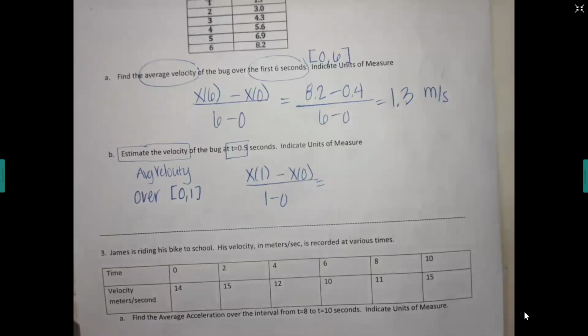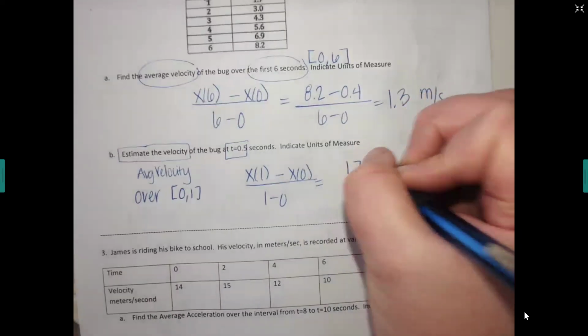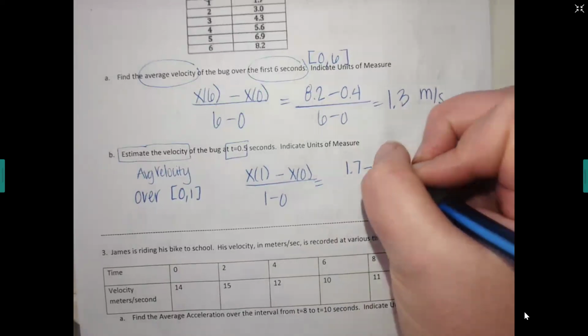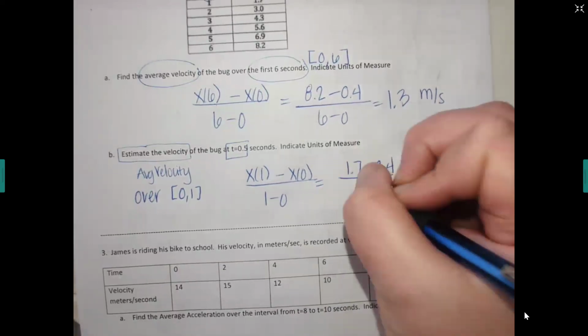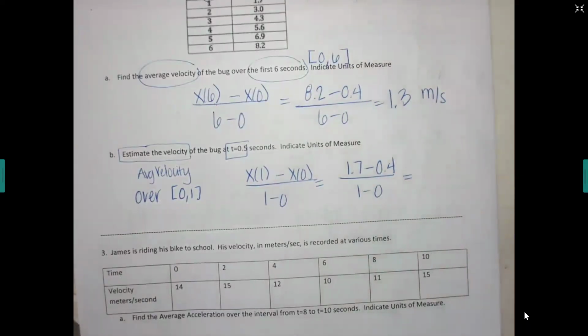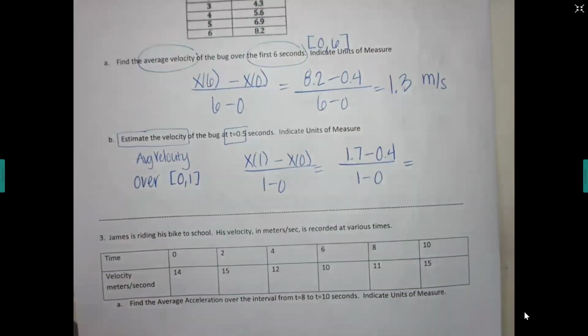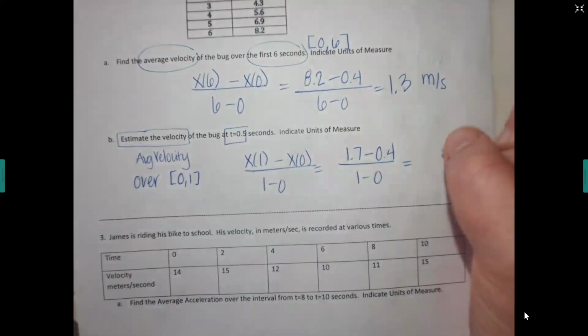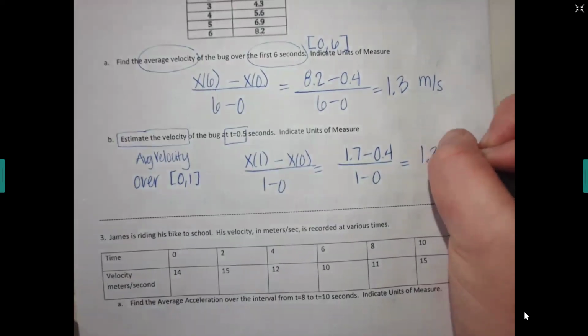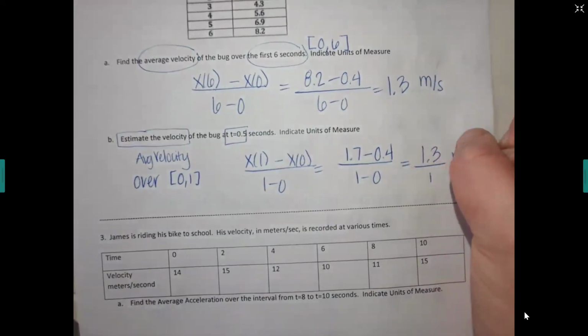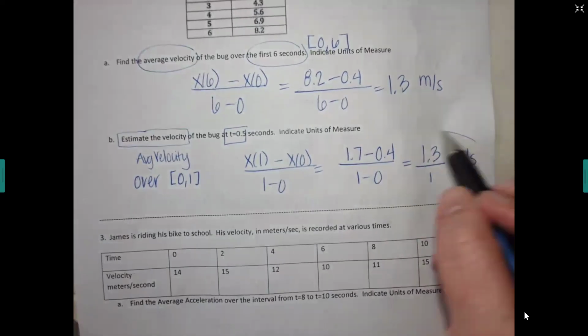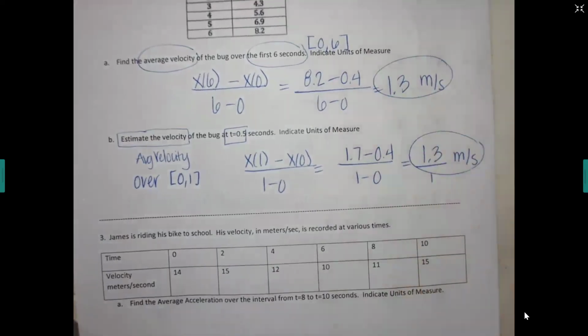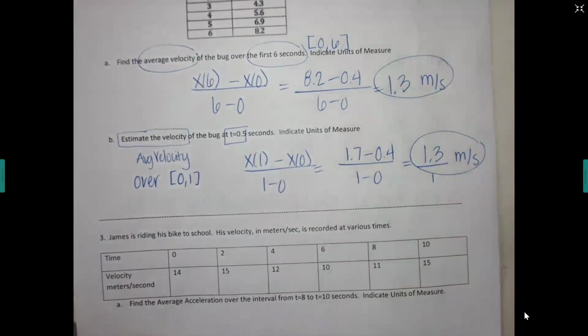My x of 1, the position is 1.7 minus 0.4 over 1 minus 0. 1.7 minus 0.4 is 1.3. And then divide by 1, meters per second. Okay, it is a coincidence those came out the same. They won't always.